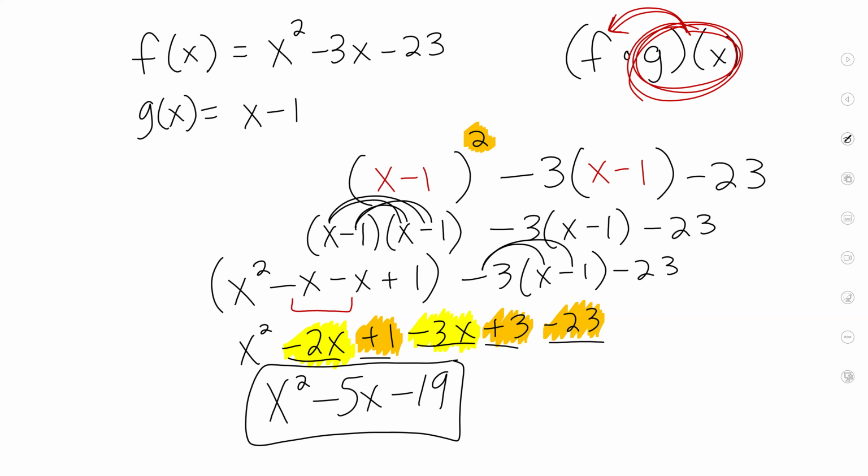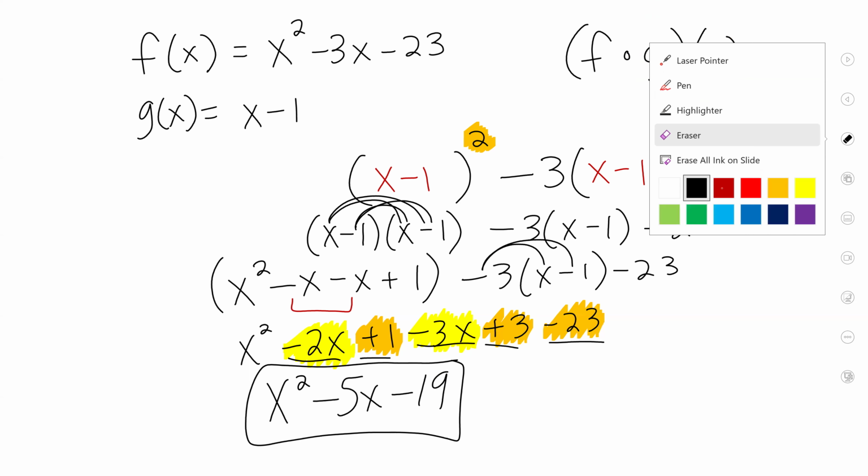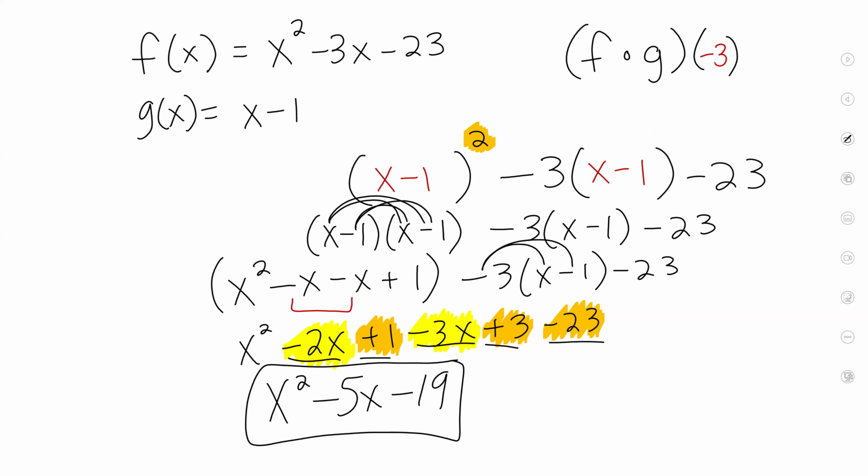Now, let's say for this problem, they want us to evaluate this at negative 3. So I'm going to plug in a negative 3 here. So I'm going to erase this x and this x, and we're going to evaluate the function at negative 3. Negative 3 times negative 3 is 9.